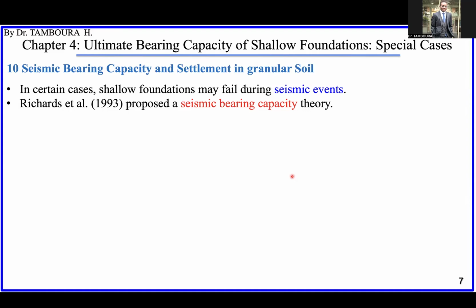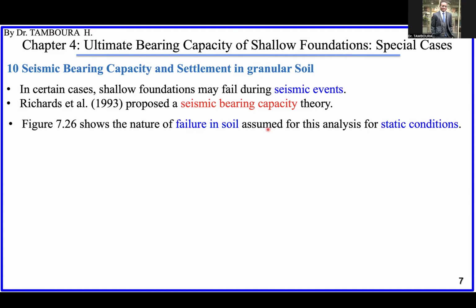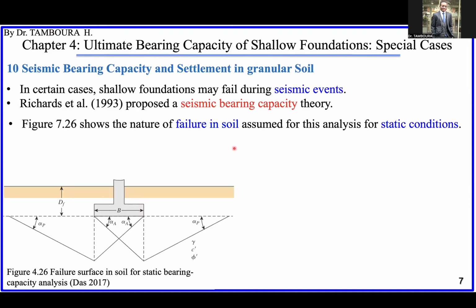Okay, so this reference proposed a seismic bearing capacity theory, and this figure is showing the failure because, as I said since last time, every bearing capacity is based on the failure mechanics. The assumed failure mechanism, whether it is true or not, is not the actual failure mechanics, just an approach.